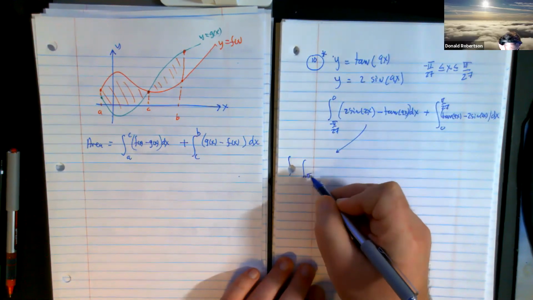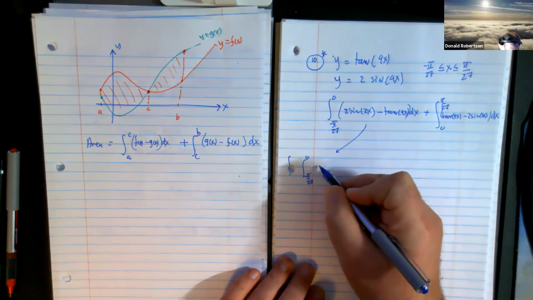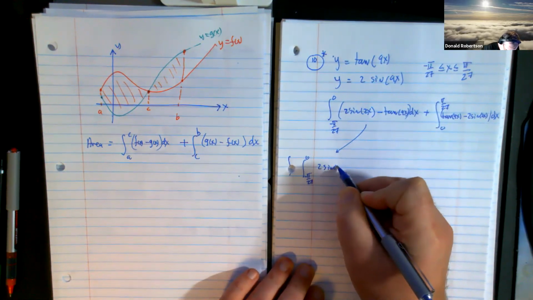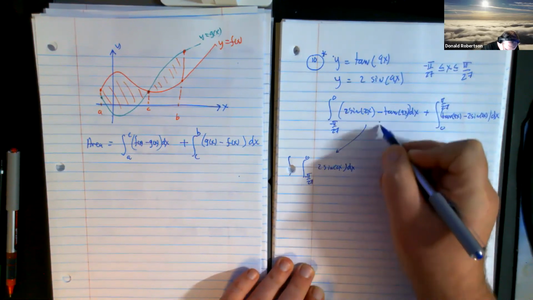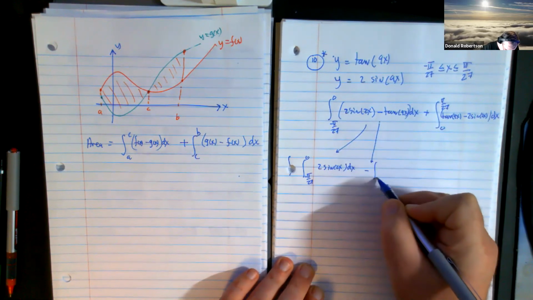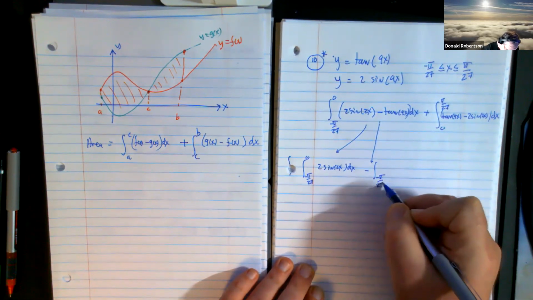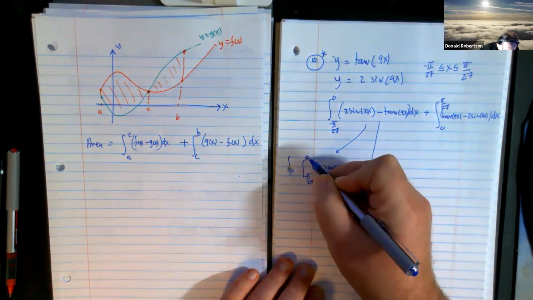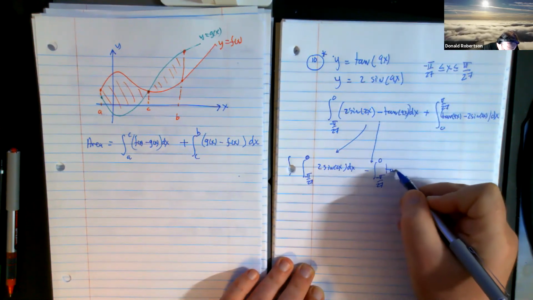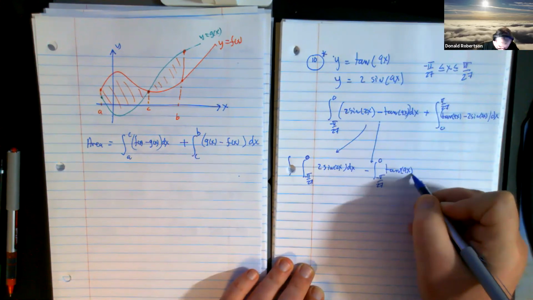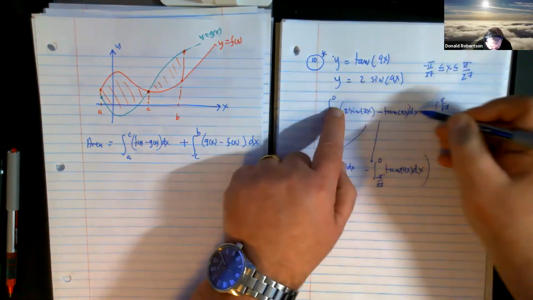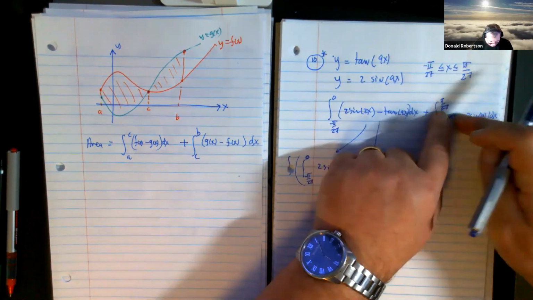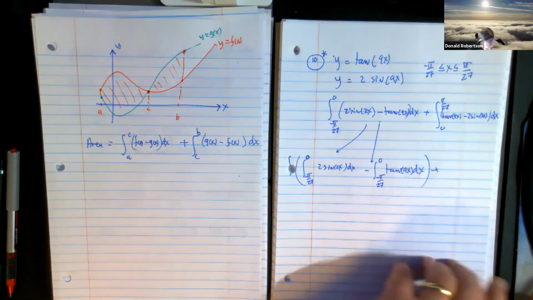We'd go -π/27 to 0 of 2 sine 2x dx. Take away -π/27 to 0 of the tan of 9x. And that would just take care of this one. And then you do the same thing over here, split them into 2.